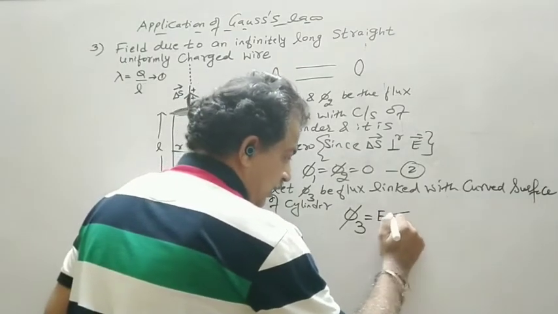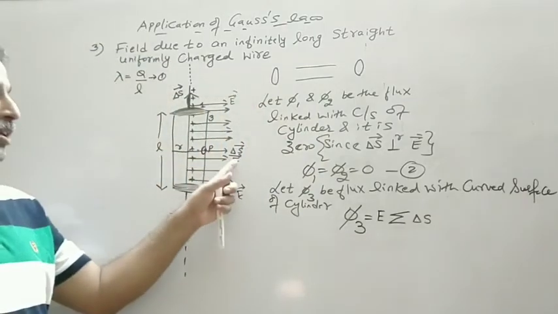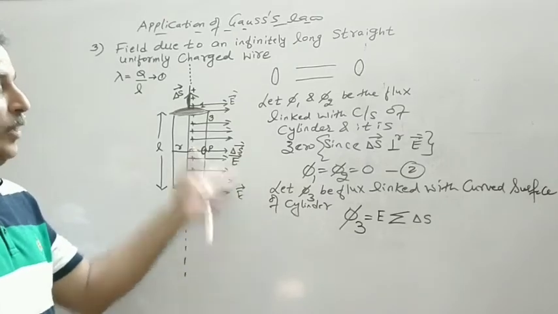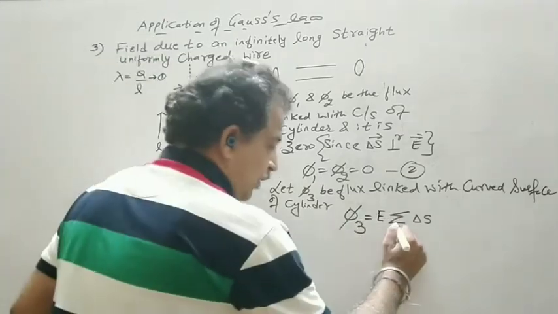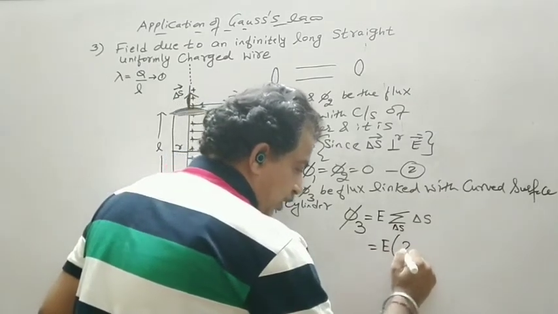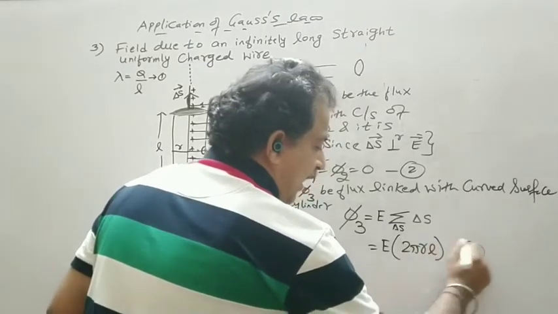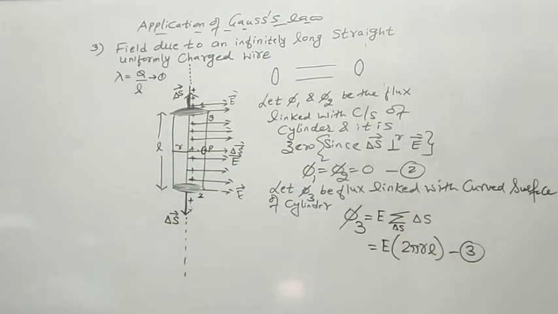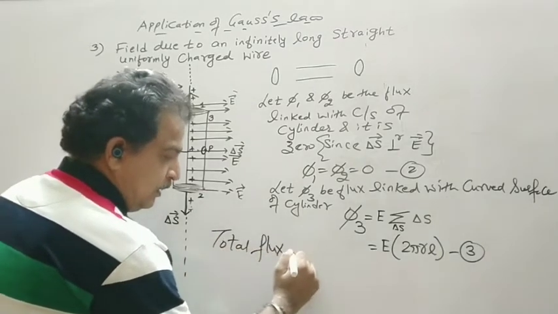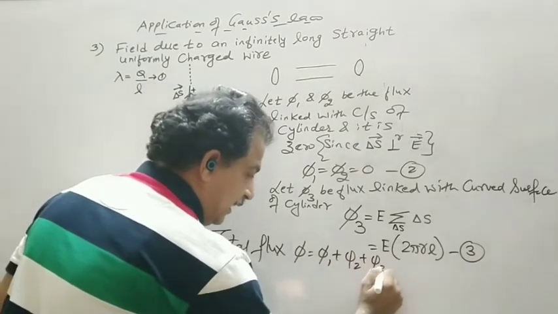So E summation of all delta S, it is E vector dot S vector, and the angle is 0. Then for the total flux, we do the summation of all delta S. So it comes out to be E into the area of the curved surface, which is 2 pi RL. So the total flux phi is equal to phi 1 plus phi 2 plus phi 3.